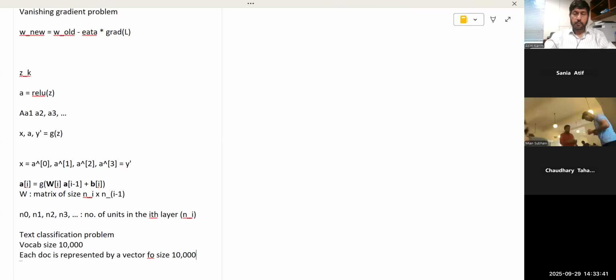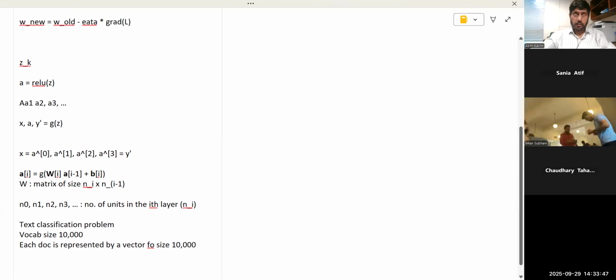So this is my input. So each input x would be of size 10,000. ठीक है. So what does this mean? N underscore 0 would be 10,000.